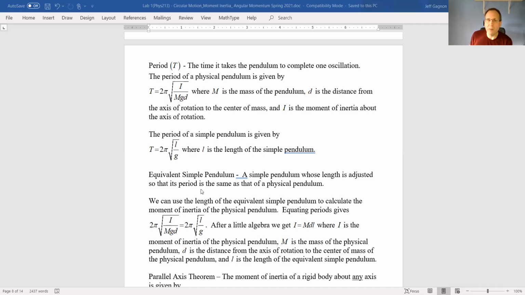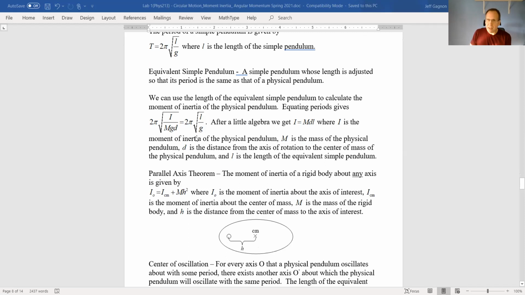So how do we do that? Well, if they have the same period, right? If the period of the physical pendulum, which is the aluminum stick, is equal to the period of the simple pendulum, the washer on the string, I can set them equal. So here I set these equal. Basically, a little bit of algebra here.